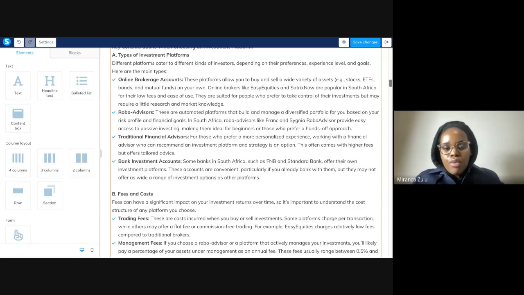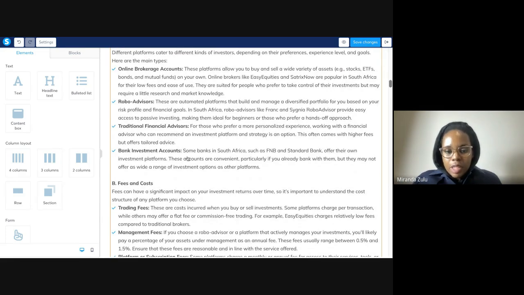But because of the advice and because you went that route, there are really higher fees attached to that because of tailoring the advice and having someone actively manage or assist you in crafting and coming up with your investment strategy and plan.